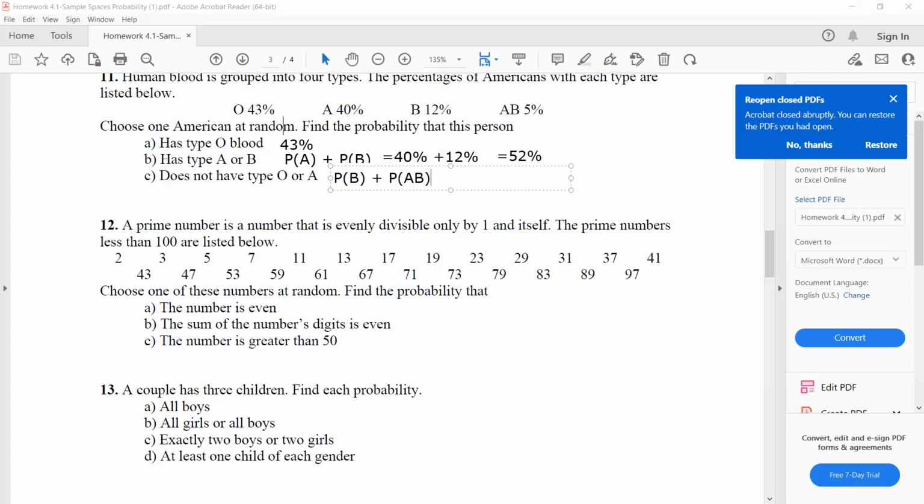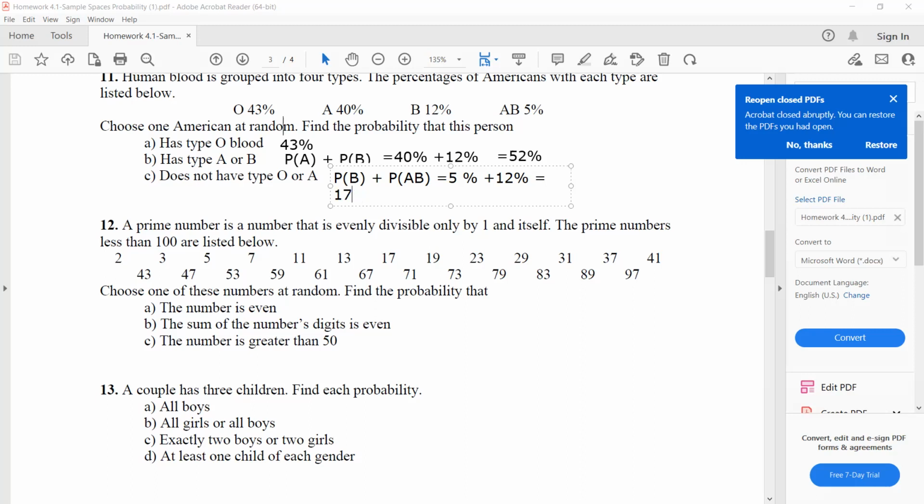Nice work. So this is 5% plus 12%, so this is 17%, as you said. Good job. Put that in there and continue on.